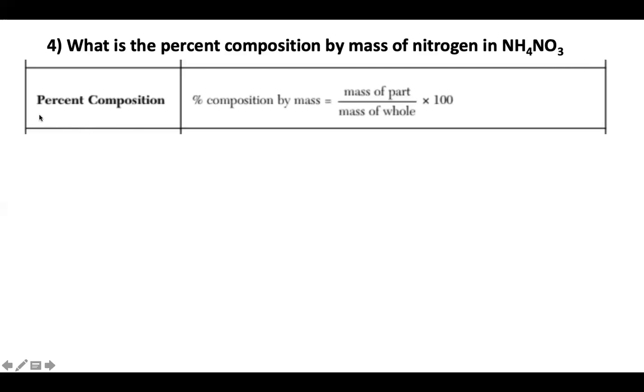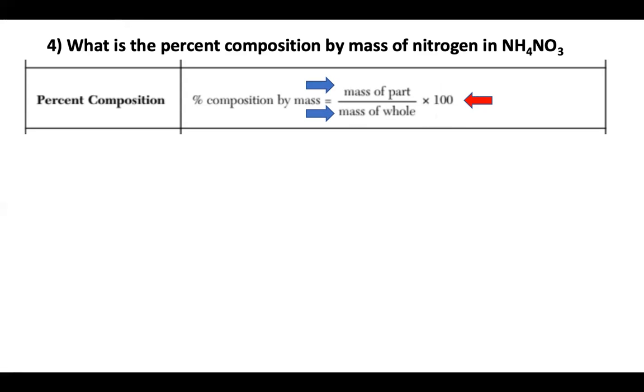So first, we're going to need to look at our percent composition formula. We're going to take the mass of the part and divide it by the mass of the whole. Now, the big thing here is you can't forget we need to multiply by 100 because this is a percent problem. Just like in your math class, when you divide one part by the whole, you're going to get a decimal.